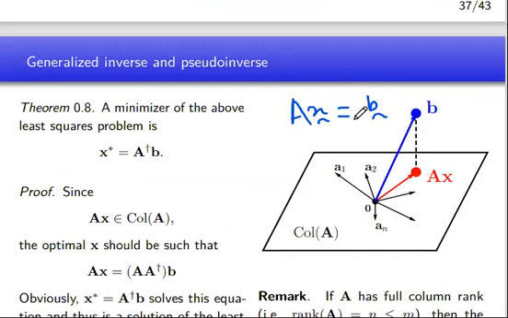If B is not an element of this space, then B is outside of this set. Then you cannot find solutions, but you can still find some x.